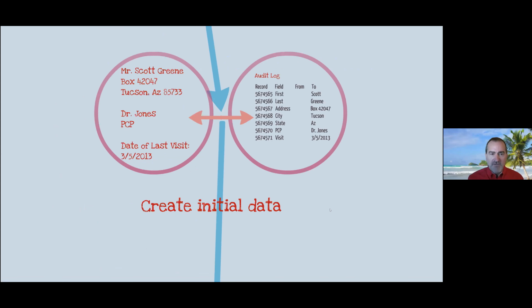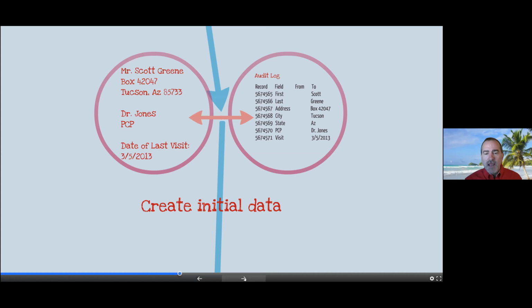The data on the left-hand side is the data that was entered, and we discussed database record numbers before. And so these things end up in an audit trail, and the field that was filled in was the first name, and it was blank before I arrived, or before it was ever used. This is a new record, and so it got my first name, and then my last name, and then the address, and so on.